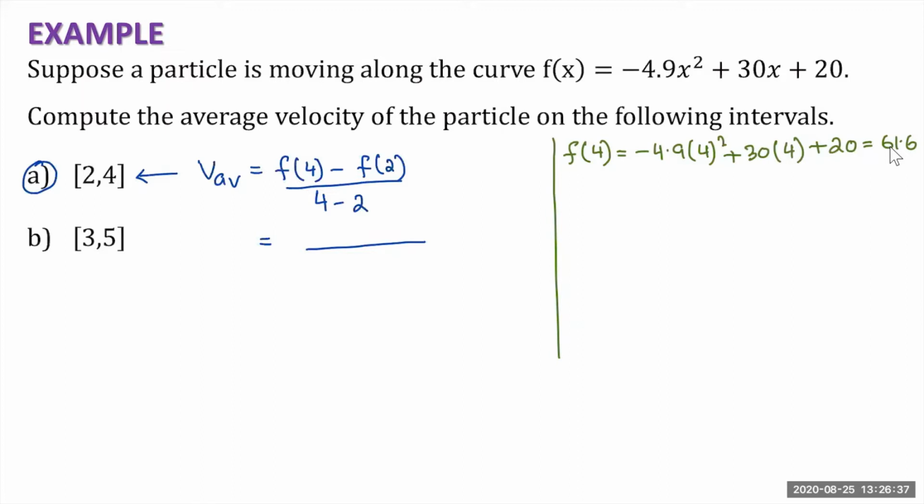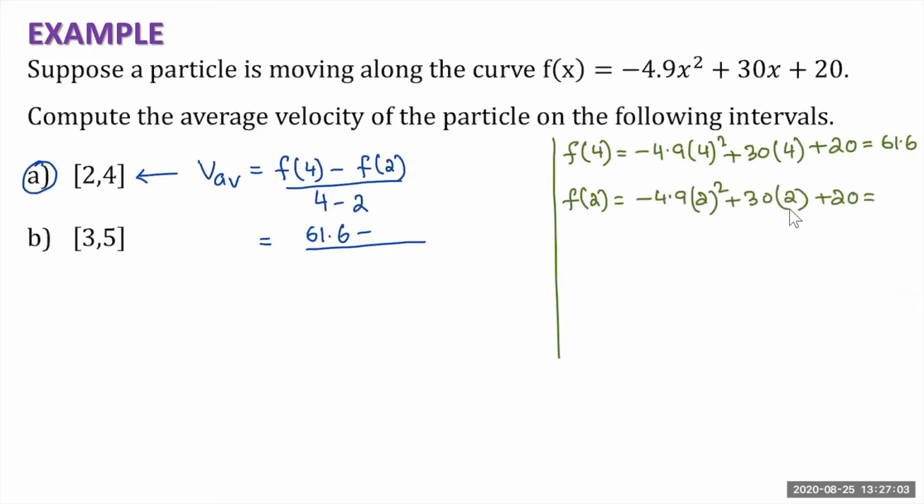So let me write that value, 61.6. Then we have minus, then I need f of 2. So in order to find f of 2, again, I need to plug in 2. F of 2 will be negative 4.9 times 2 squared plus 30 times 2 plus 20.